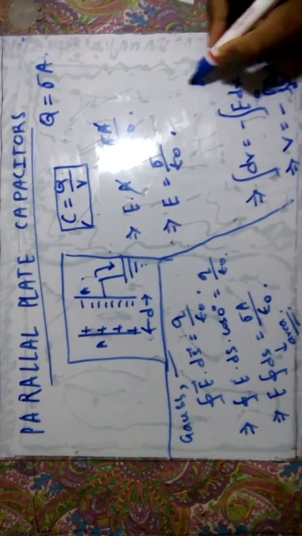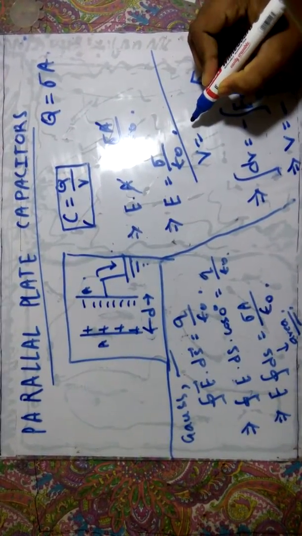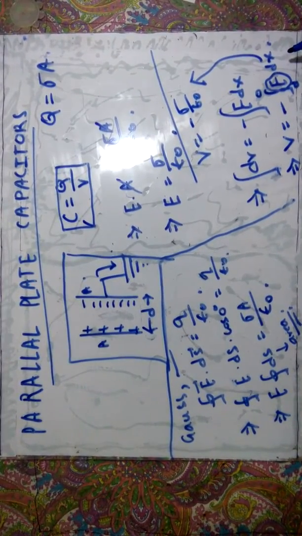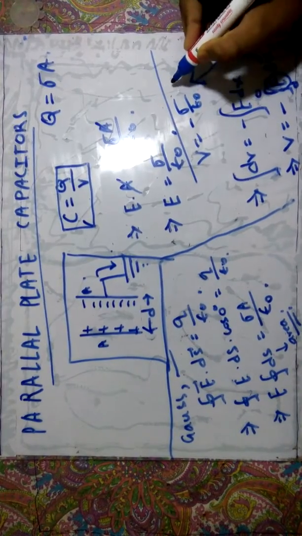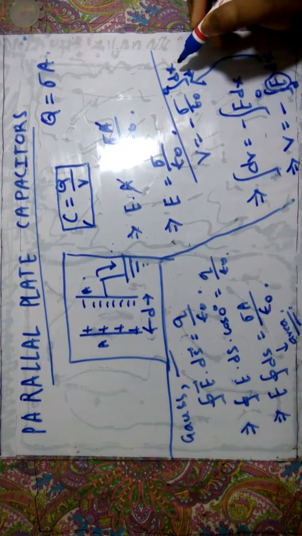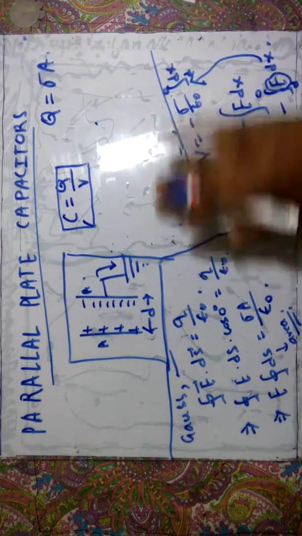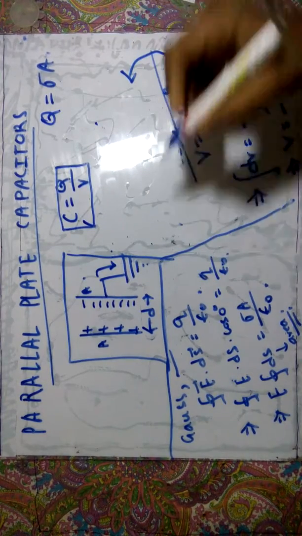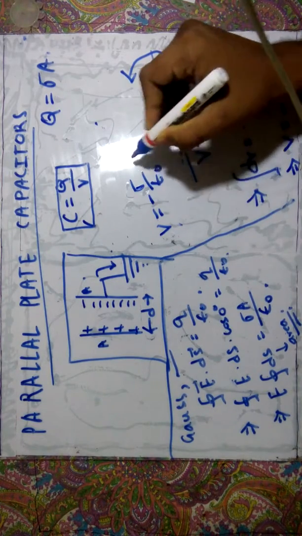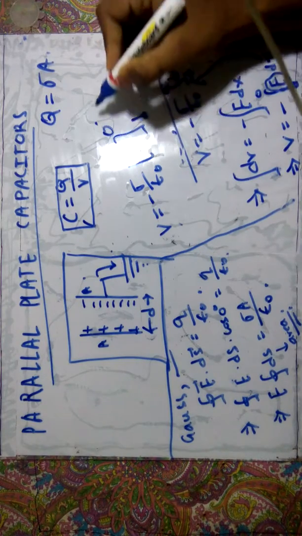So from here we can write V equal to minus sigma by epsilon 0, integrated over dx from D to 0, since sigma by epsilon 0 is not a function of x. So V equals minus sigma by epsilon 0 times x, with lower limit D and upper limit 0.